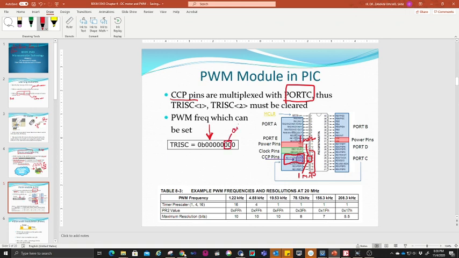This is a must. Set as output. So those are the two pins, very important if you want to control the speed of the DC motor, for DC motor only. All right, let's move on.